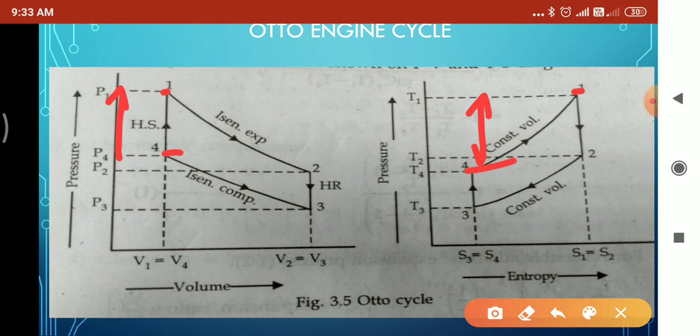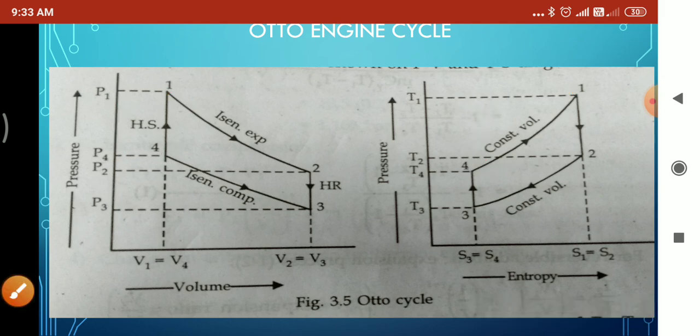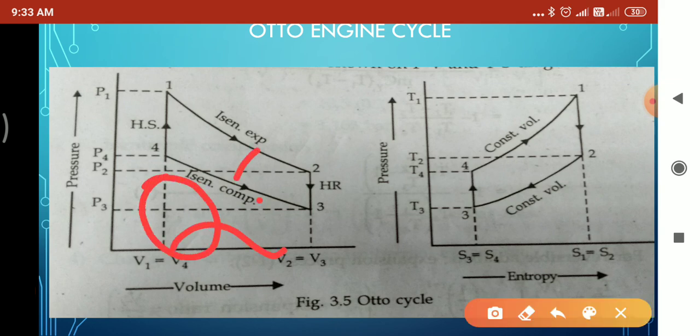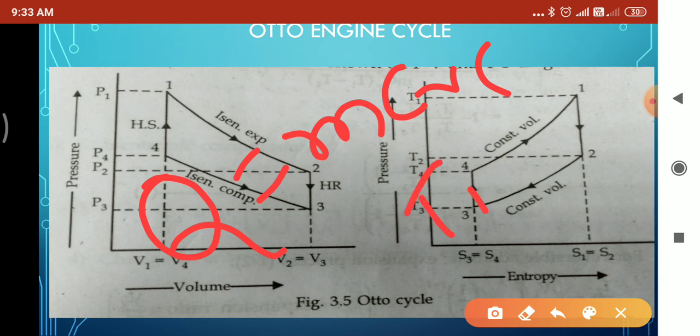Clear? Next, I can write the amount of heat supplied Q equals mass of gas m, Cv at constant volume, into T1 minus T4. This is the amount of heat supplied to the system. This is process number 4, from 4 to 1.